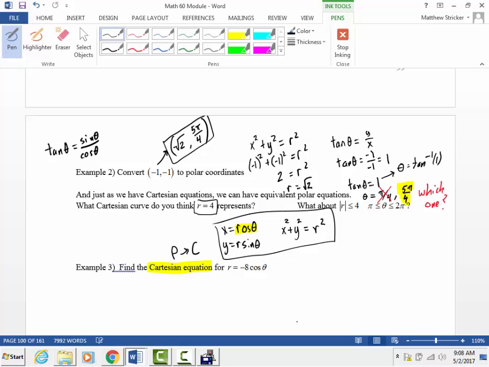If you have inverse cosine, it's going to give you inverse cosine of r is equal to 8. Does that help us? Not really. What can I do to this equation to get an r in front of cosine?